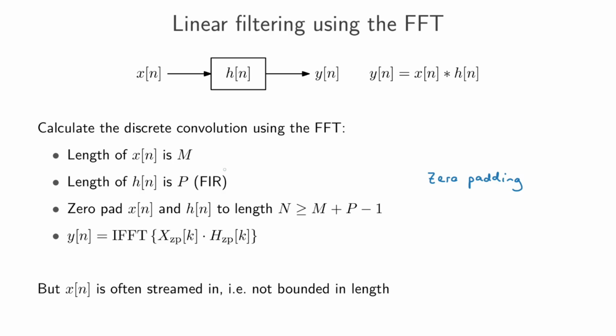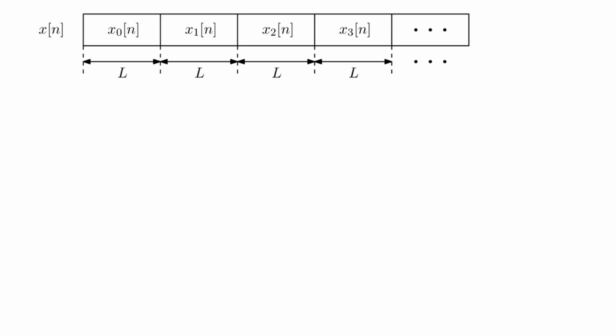Overlap and add is a way for us to use this trick even though x[n] is kind of streamed. The trick behind overlap and add is that, instead of processing the whole x[n], this whole sequence that ends up at capital M, we're going to break it up into little blocks.